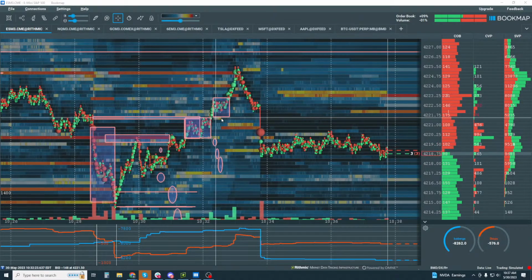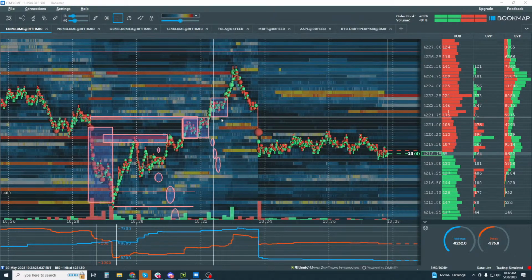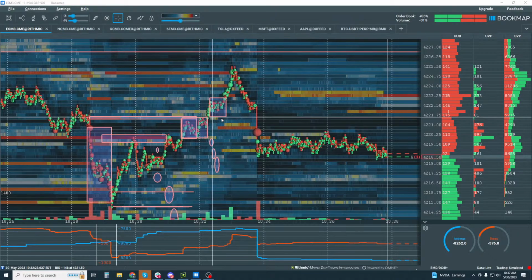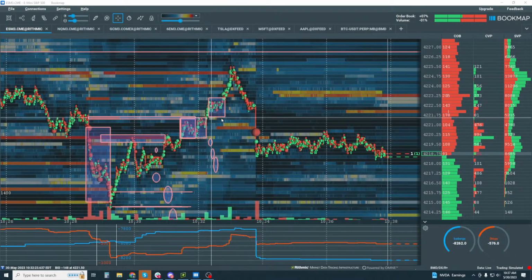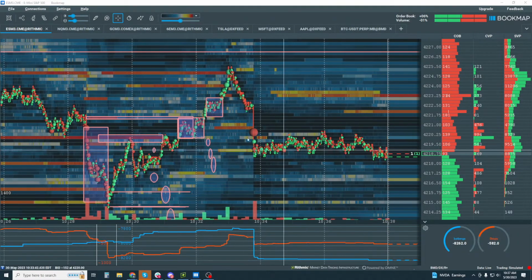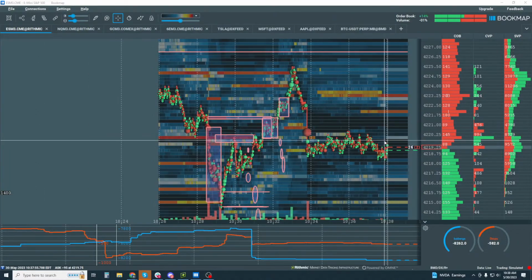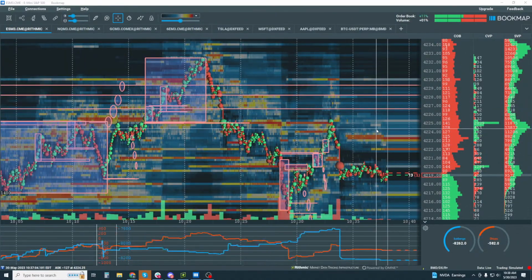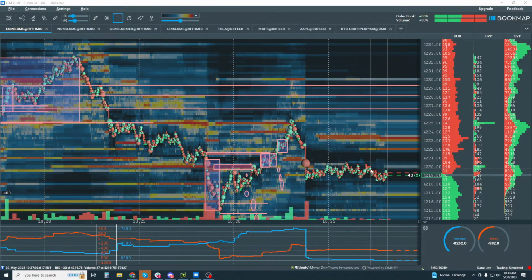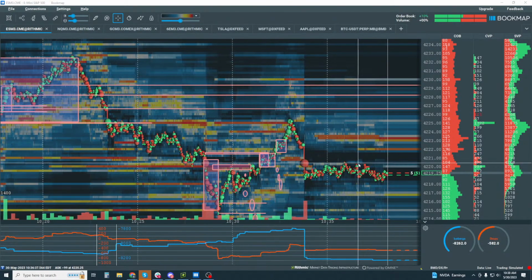It can't be only quantitative data, it has to be qualitative as well, and that will make your knowledge of the specific setup you're looking for much higher. It'll keep you out of trades, and it'll allow you to take a quick stop and just look for the next one.